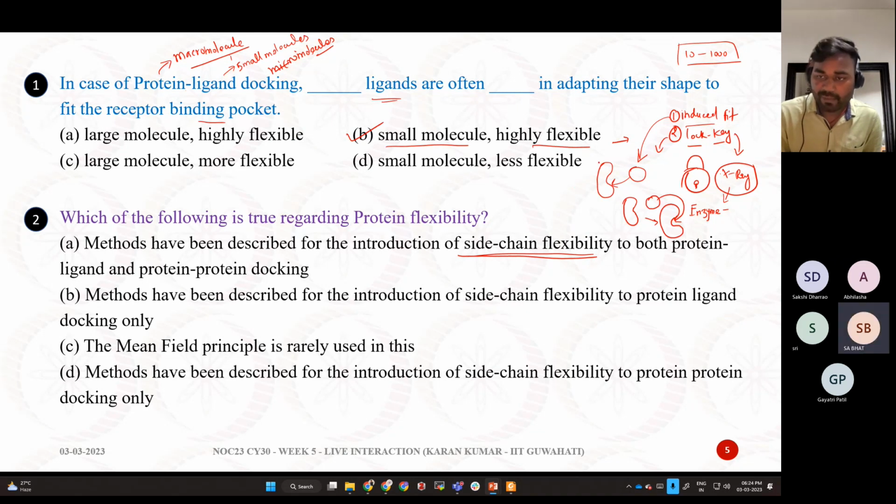So while making the protein rigid, only the random coils and the side chains have the flexibility in both protein-ligand and protein-protein docking. Okay, so the statement about protein flexibility is true: the methods that have been described are for the introduction of side chain flexibility, for both protein-ligand and protein-protein docking.